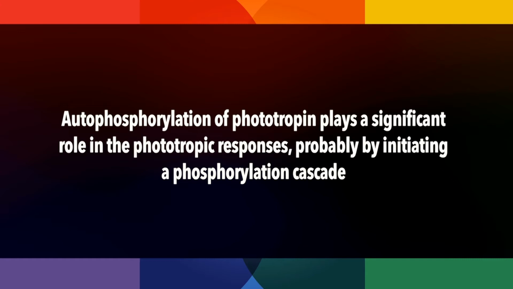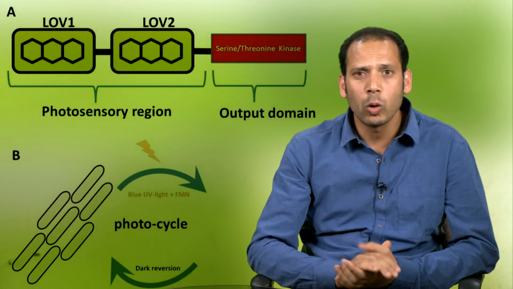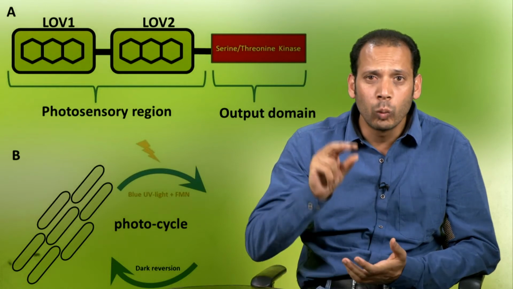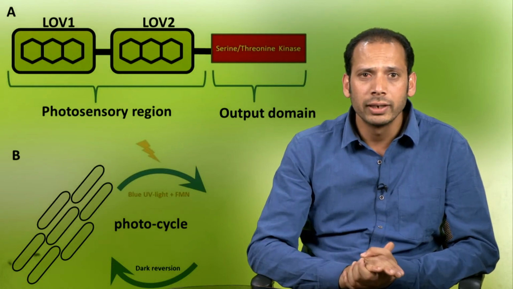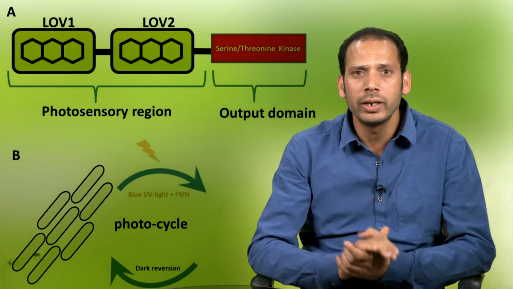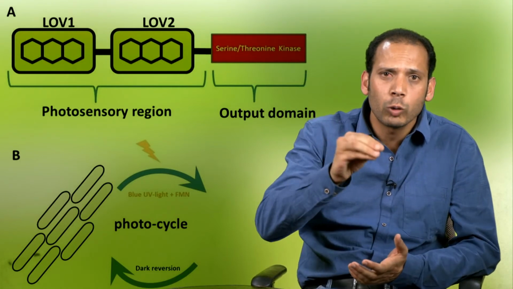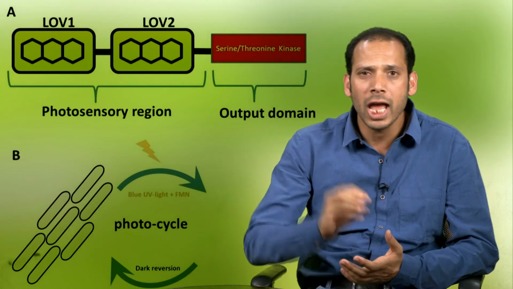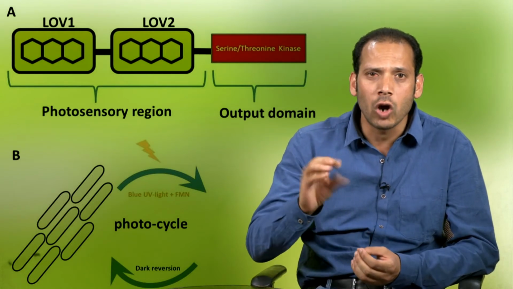Autophosphorylation of phototropin plays a significant role in the phototropic responses, probably by initiating a phosphorylation cascade. Studies employing mutants of the FOT1 gene have shown that the protein is apparently folded in such a way that the phosphorylation site is blocked by LOV domain 2 in the dark.